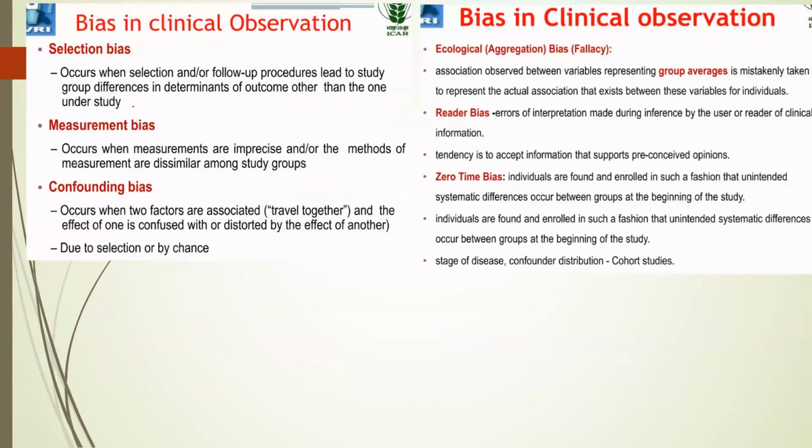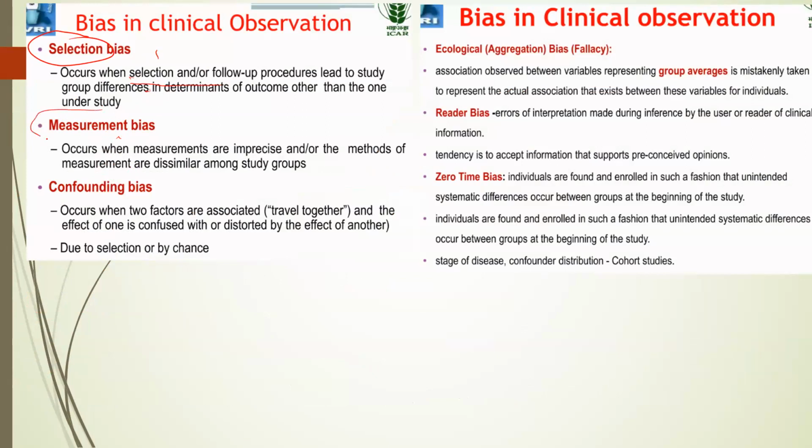Now, one of the important disadvantages is bias, which can be reduced by blinding. So what is bias? You have a selection bias. Selection bias occurs whenever the selection of the groups occurs based on certain factors.